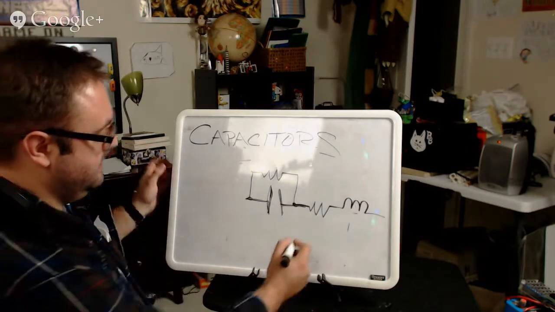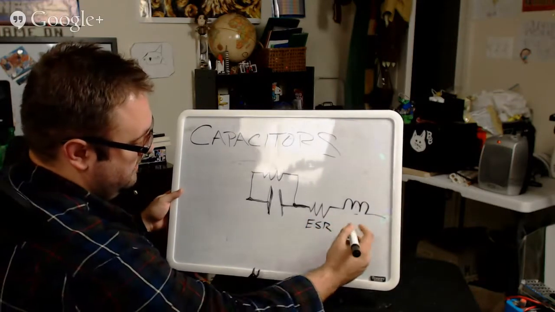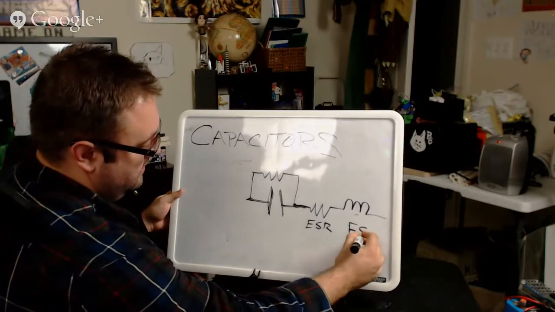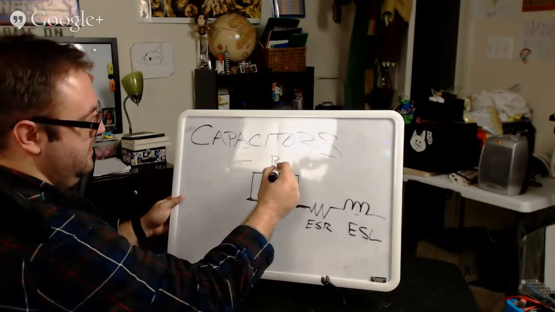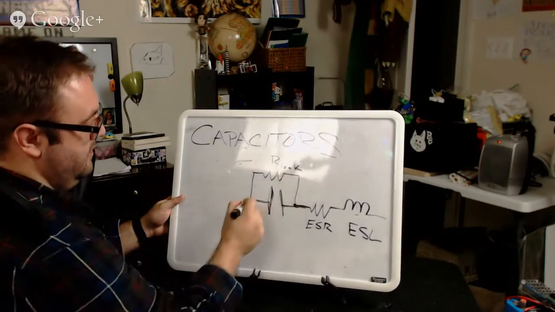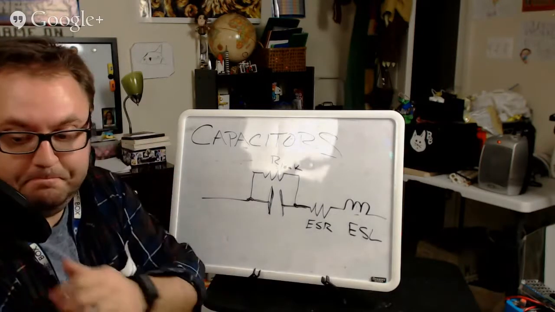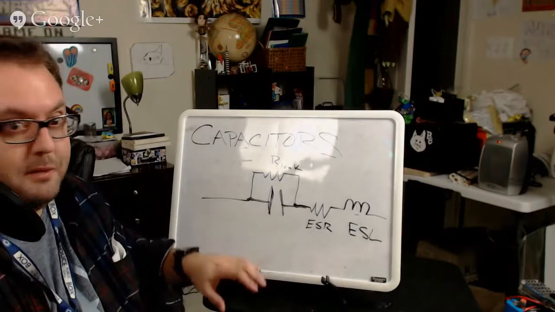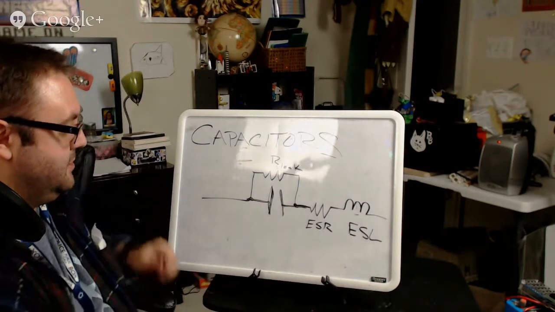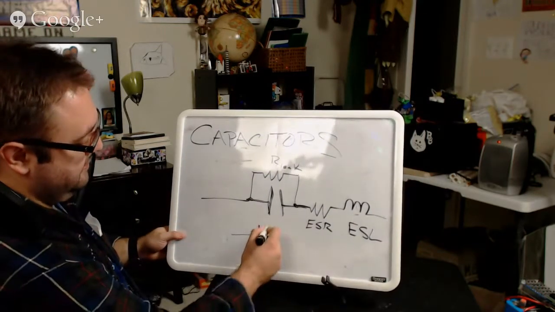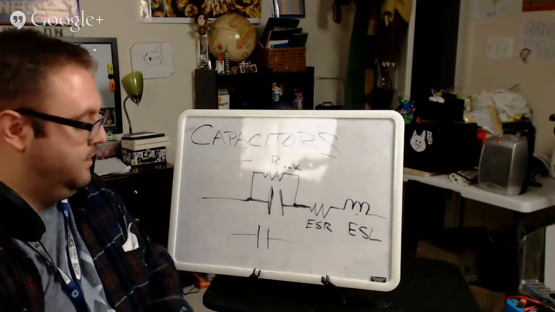You'll see that sometimes as ESR, this is ESL, and this is sometimes R leak. If you were to go into SPICE or some modeling program of electronic components, that's how you would actually model a capacitor, because there is no such thing as the ideal capacitor, just two plates separated by a dielectric with no leakage.